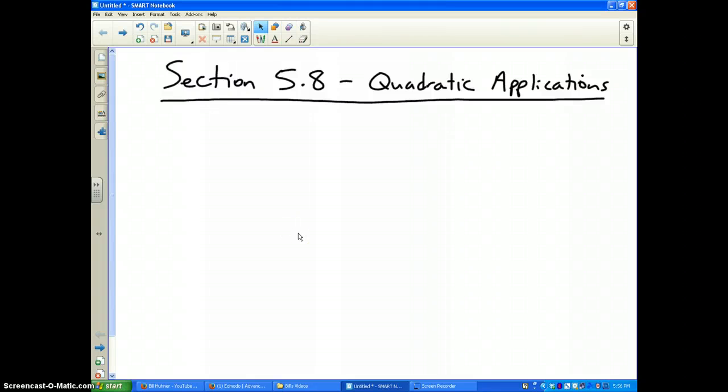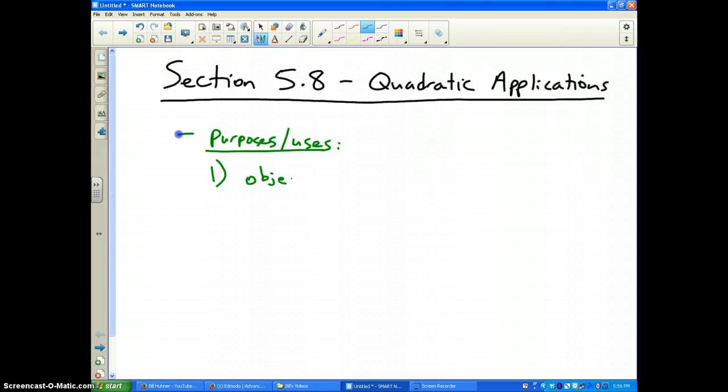Section 5.8 is all about quadratic applications and their use in the real world and how they can be applied to different situations. One of the most popular uses is objects that fly through the air.